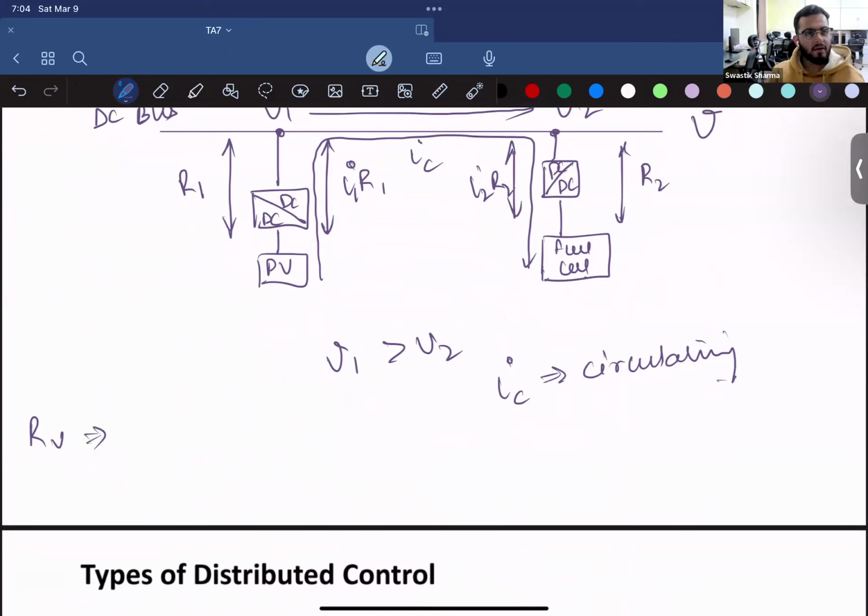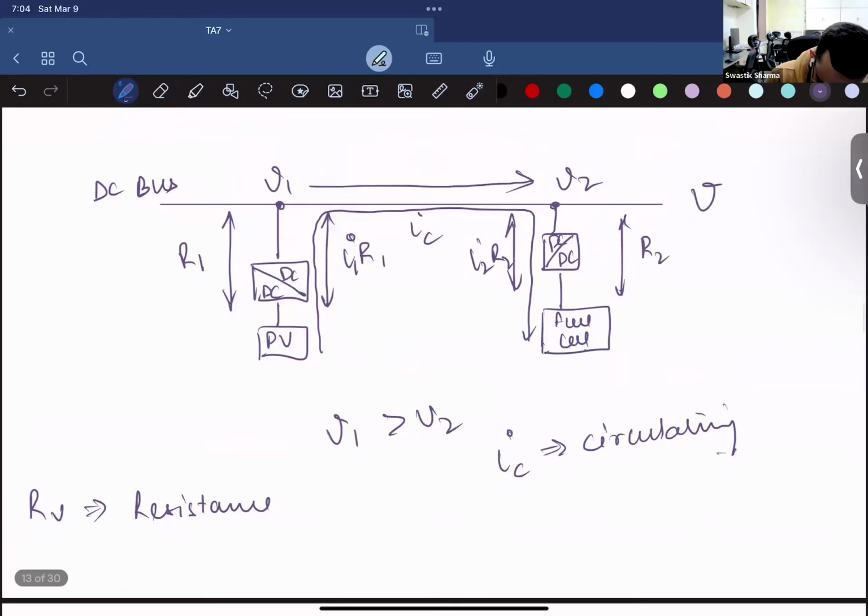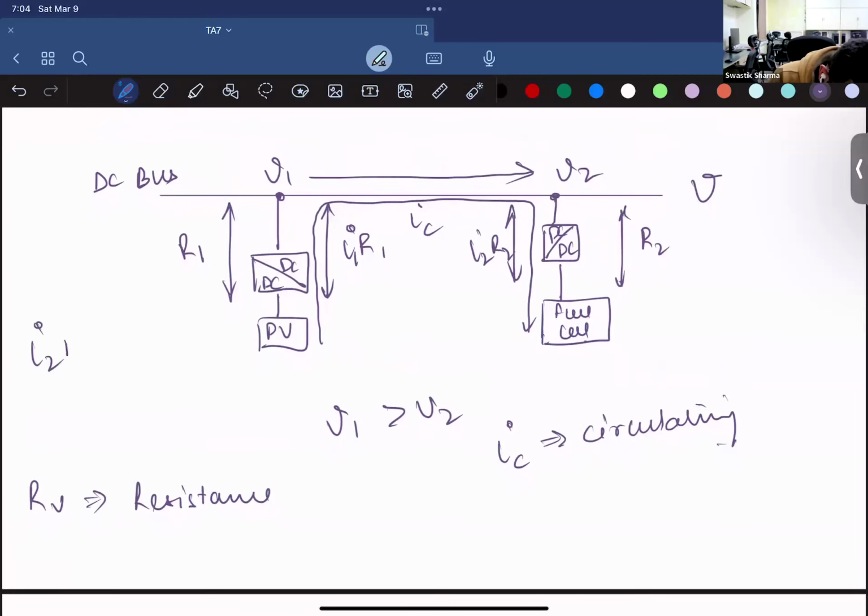Because in a way we are introducing an additional resistance into our circuit. This resistance minimizes this current flow. Let's say this I2R2 is greater than I1R1, so we insert a resistance R dash here.